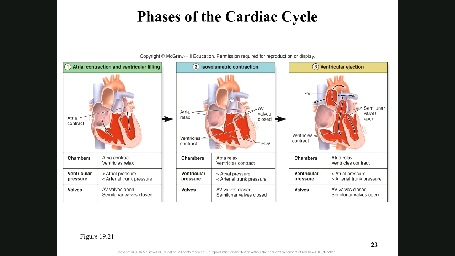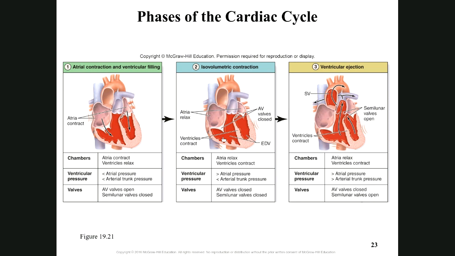During this time, all the valves are closed. The ventricle goes to contraction, the blood starts to circulate in the ventricle, but it cannot go anywhere. We call it isovolumetric contraction.